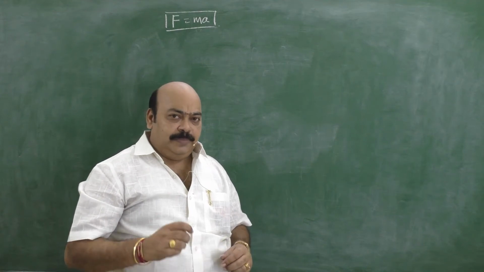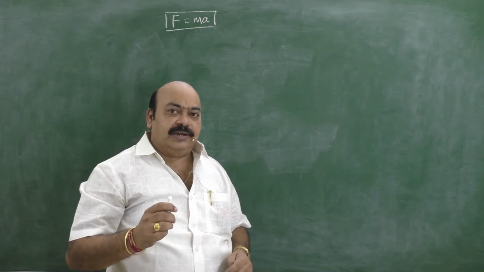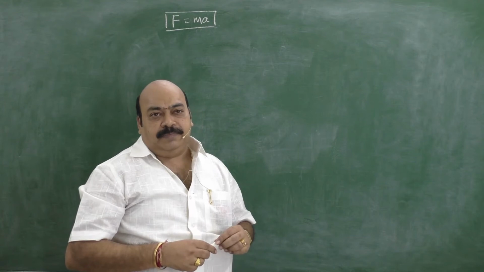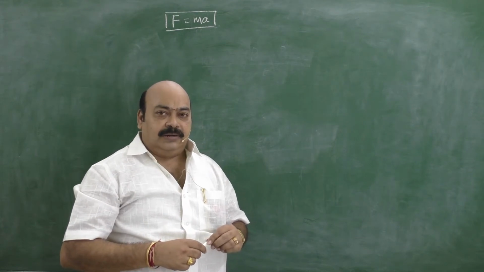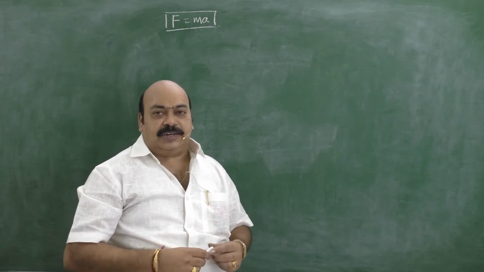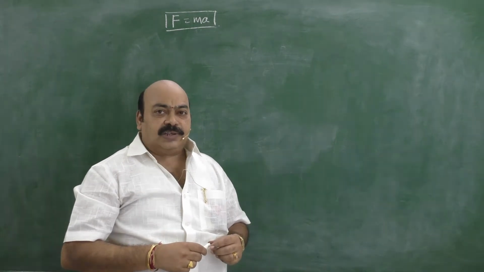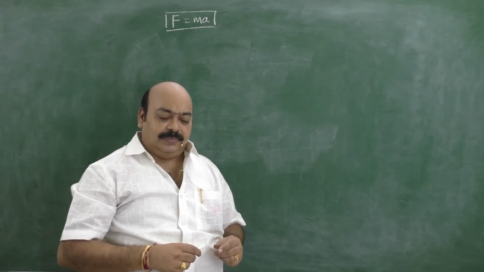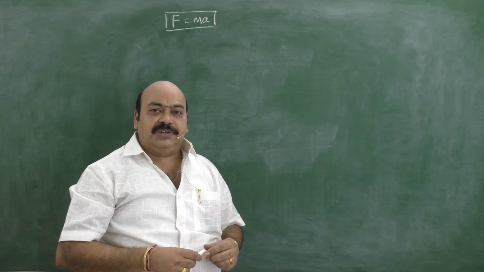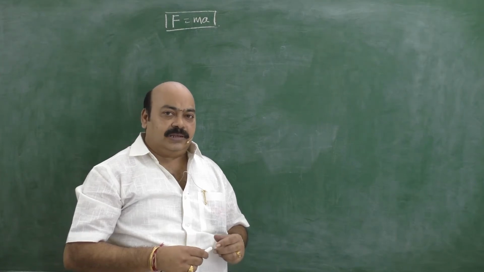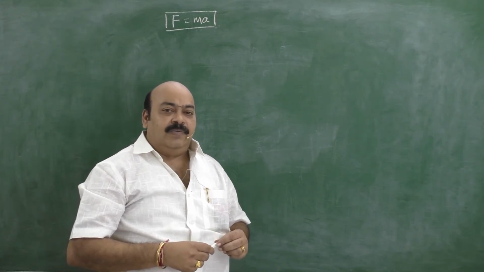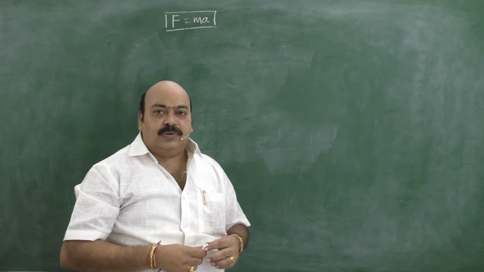Once again, I am repeating the problem. A machine gun delivers n number of bullets per unit time, that is, per second. If the mass of each bullet is m and the velocity with which it is delivered from the gun is v, what is the force required to hold the gun?